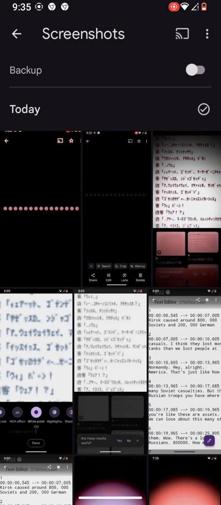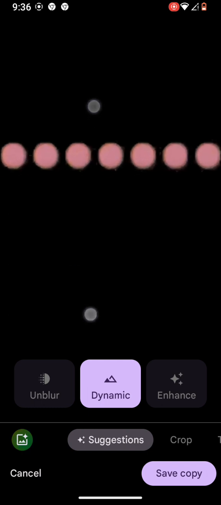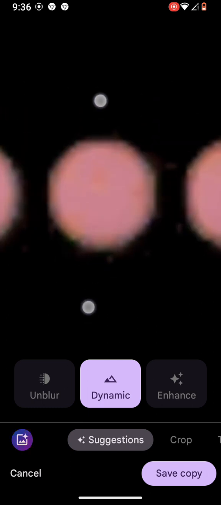But I haven't found a situation yet where I can't show that they're not alive. Because there's heat in every single one of these pictures.